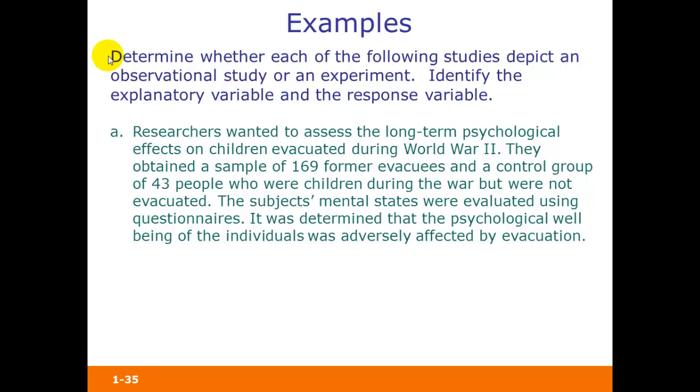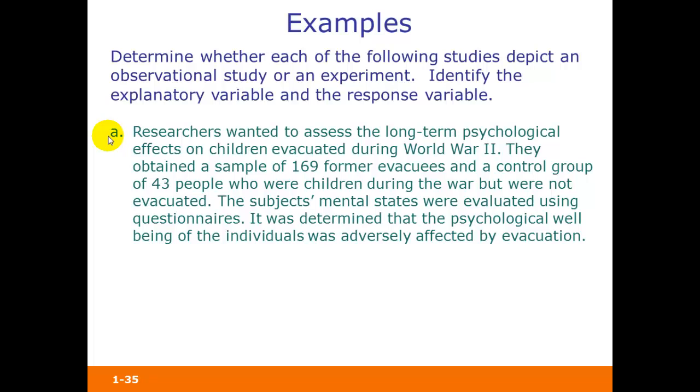Here are some more examples. In each of these, we're going to determine whether the study is an observational study or an experiment, and we'll identify the explanatory variable and the response variable. So in this first one, researchers wanted to assess the long-term psychological effects on children evacuated during World War II.